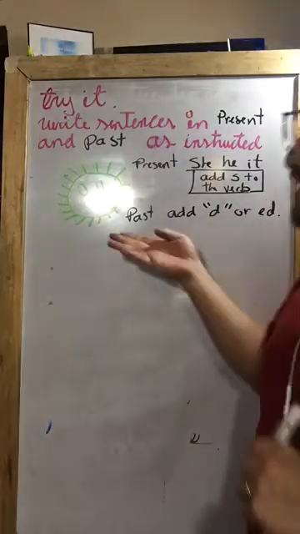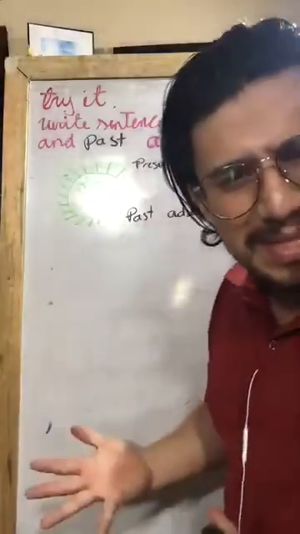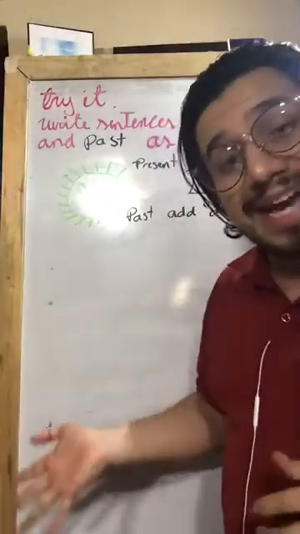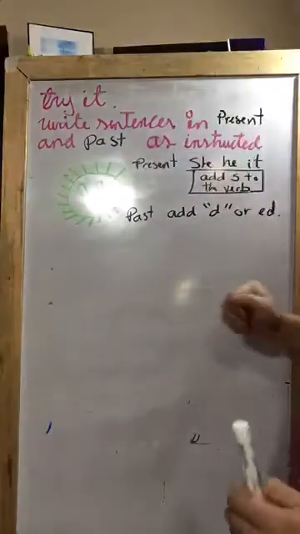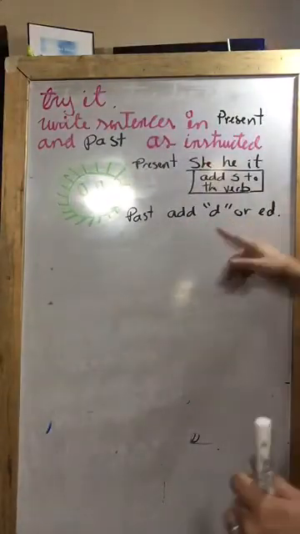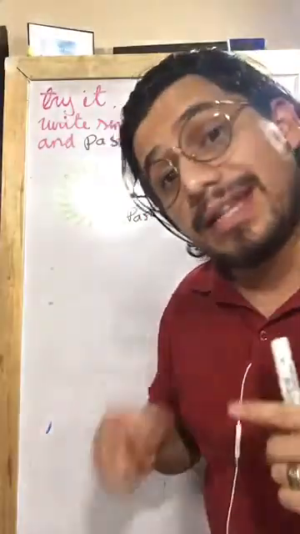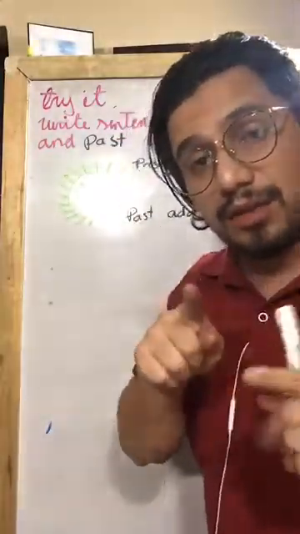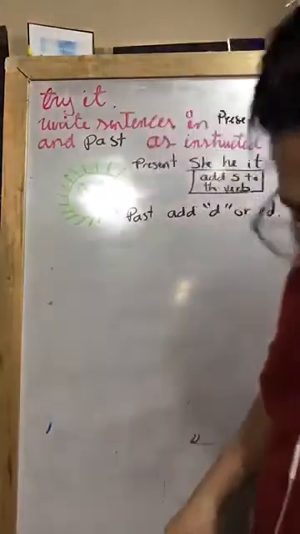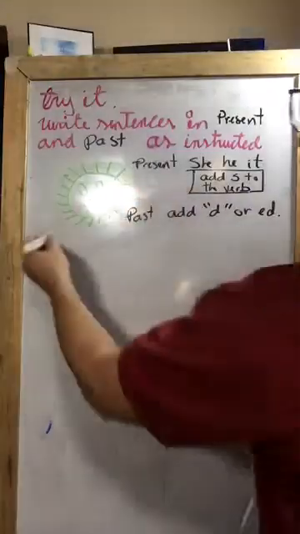Now remember, the sentences in past have a specific sound. When we're writing D or ED, it means something that happened in the past. This is something that is going to happen only with regular verbs. When it's irregular, I will let you know, and I'll write it on the side, how you should write it. Let's start the practice. Number 1.